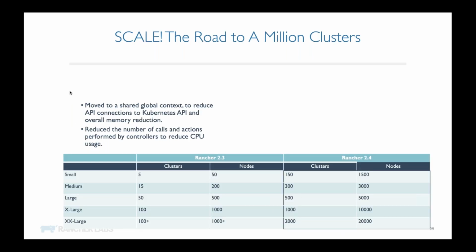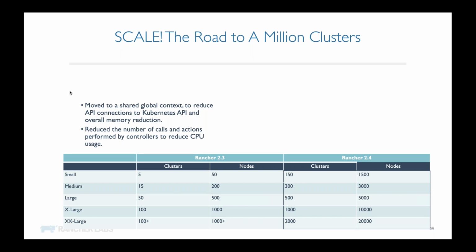And then looking at the scale improvements, again, still tying back into fleet management and where we're going from a capability standpoint, Rancher 2.4 can handle significantly more clusters and nodes than even Rancher 2.3.